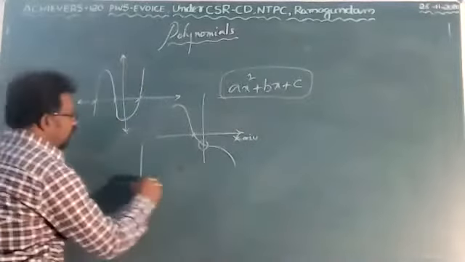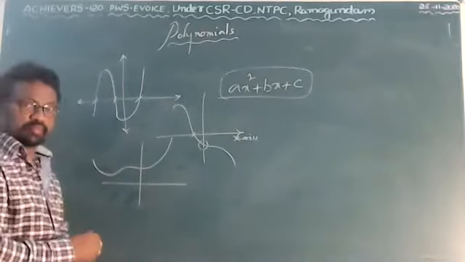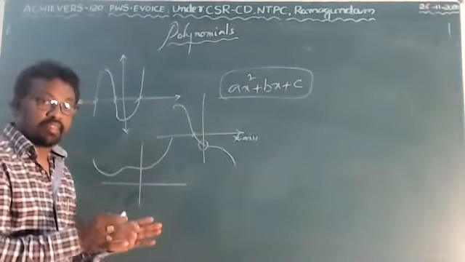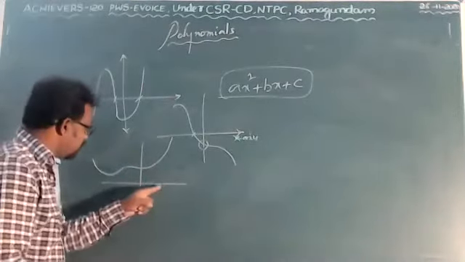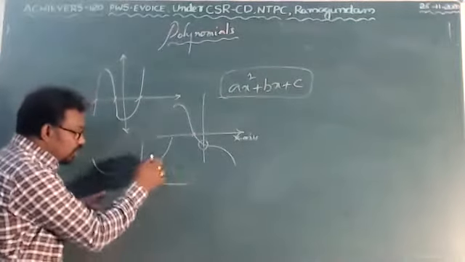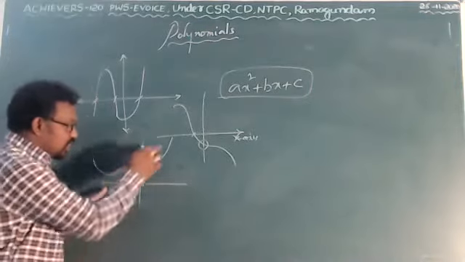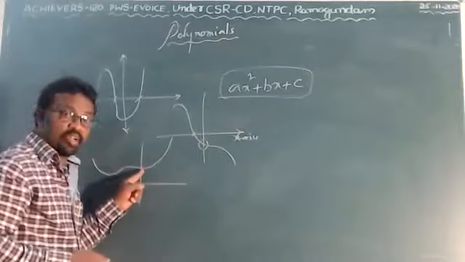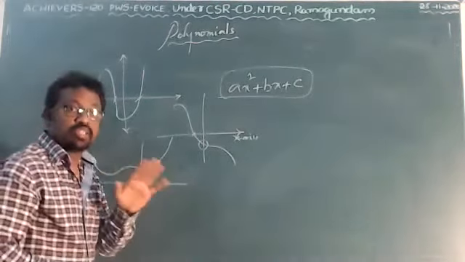Let us take one more. How many zeros? See, this is the x axis. The curve never intersected the x axis. It is intersected only on the y axis. But y axis means there are no zeros.